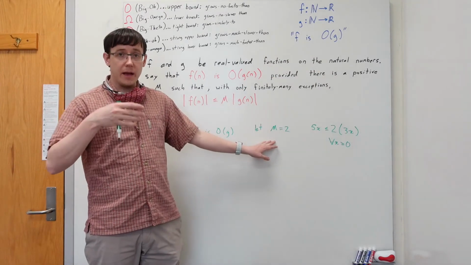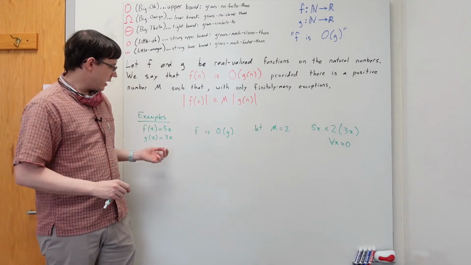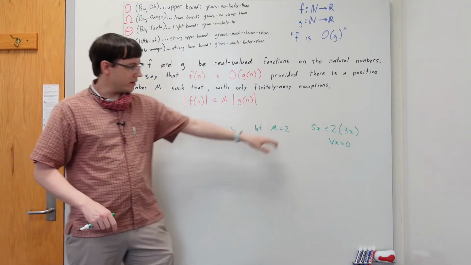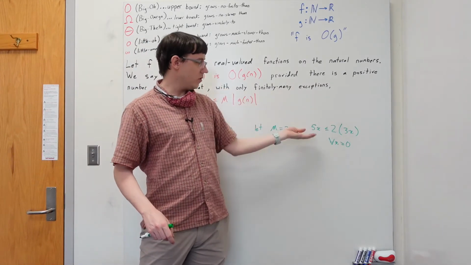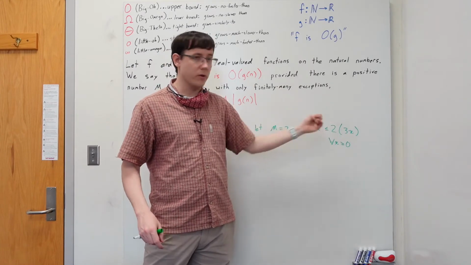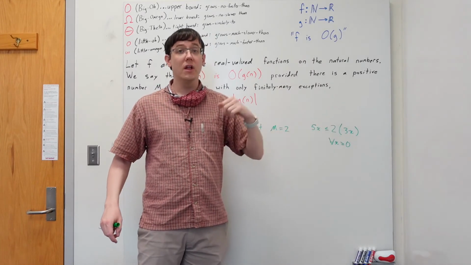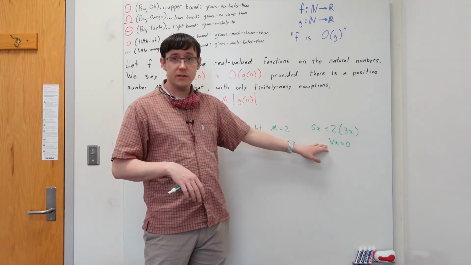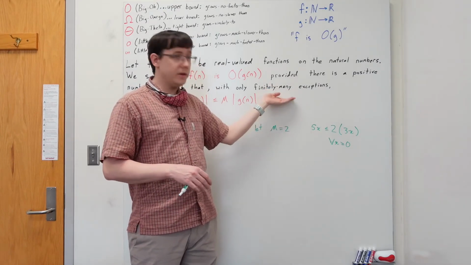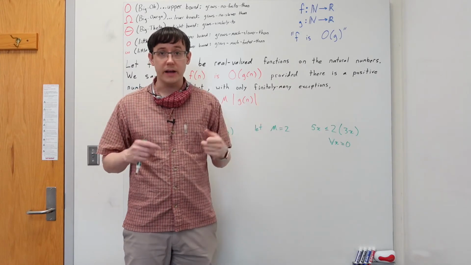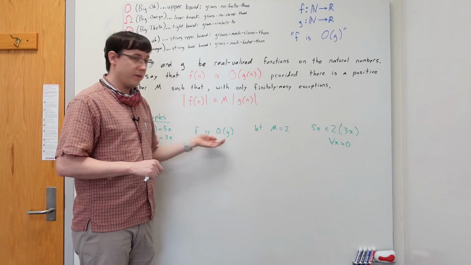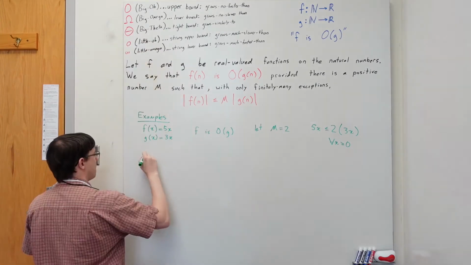If we choose m to be 2, then when we take 2 times g of x, we get 6x, and so 5x is less than or equal to 6x for, in fact, every natural number x. And so since there are 0 exceptions, we have a finite number of exceptions, which means that f is big O of g.